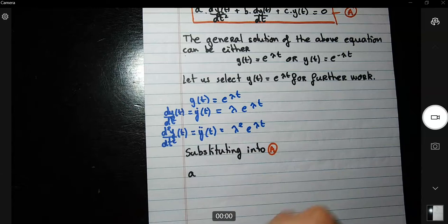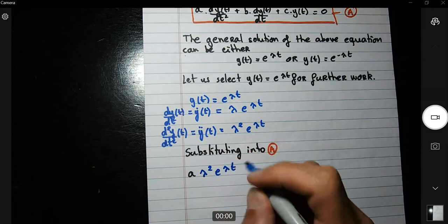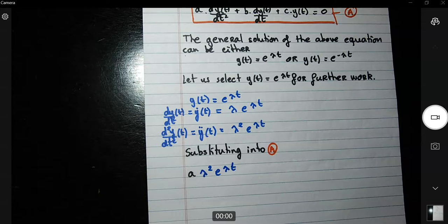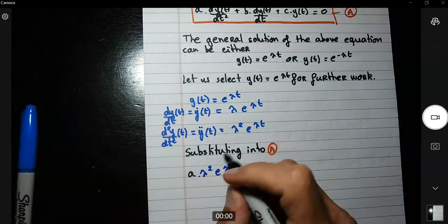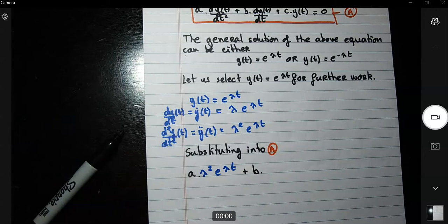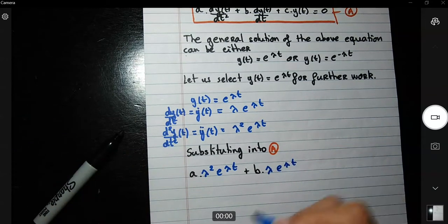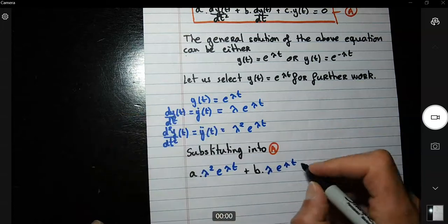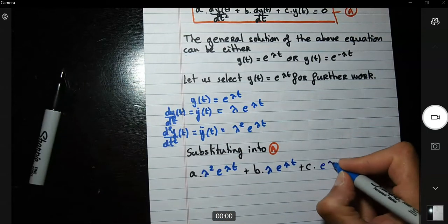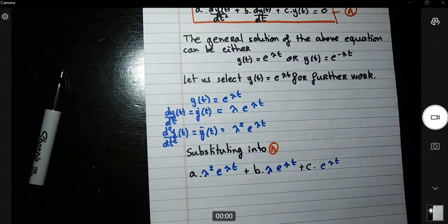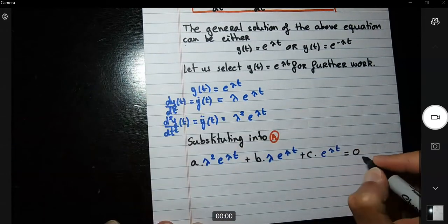Now the second derivative will be lambda square e lambda t, plus b dy dt, which is lambda e lambda t, plus c y of t, which is e lambda t, and this is equal to 0.